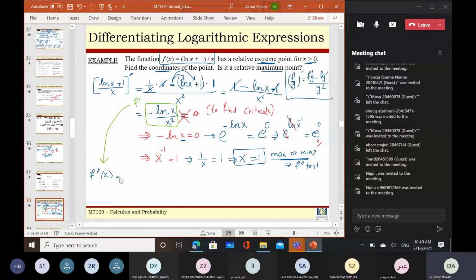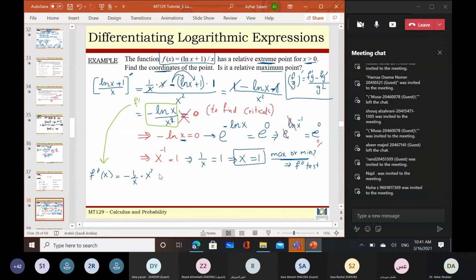So here, I will again use the quotient rule for differentiation. Here I have minus ln x, whose derivative is minus 1 over x. The derivative of ln x is 1 over x, with a negative sign, minus 1 over x. Multiplied by the second function, which is x squared. This is f dash multiplied by g.